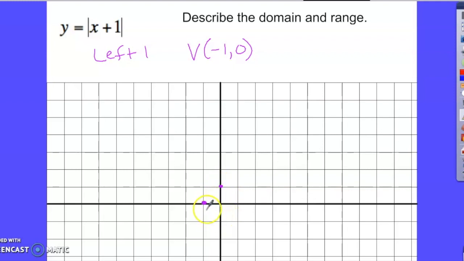So remember, our vertex is right here. So we are going to mirror this point to the other side. So you want to kind of think about there being like an invisible line right here. If you want, you can draw it in.